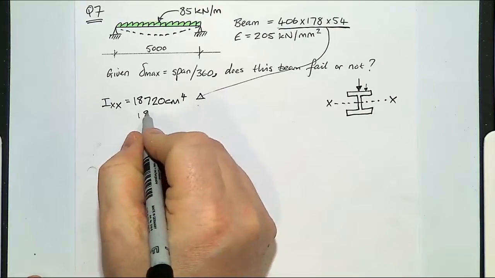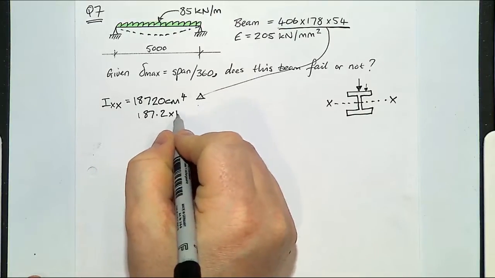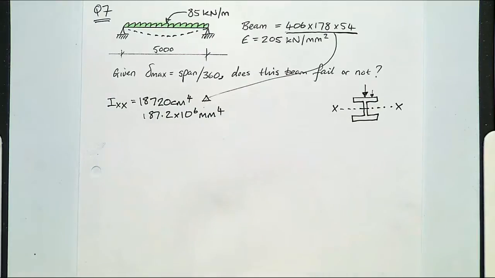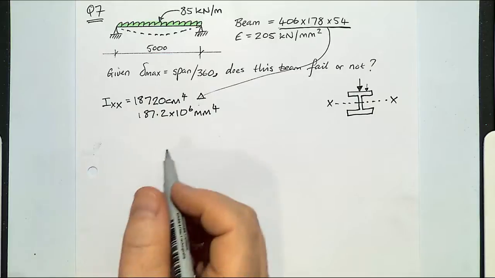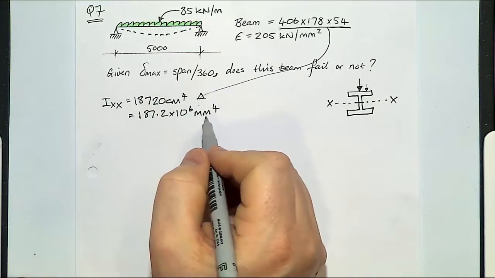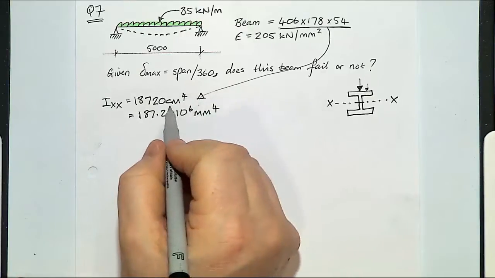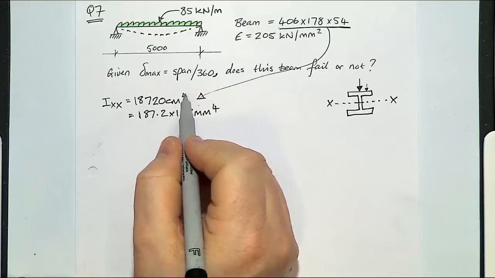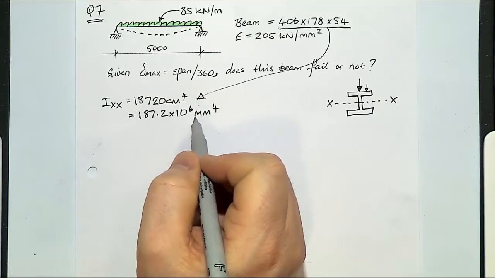So we'll put 187.2 times 10 to the 6 millimetres to the 4. Unfortunately, you've got to get around units quite quickly. You find that all of the tables that provide details regarding beams are all in centimetres to the 4, so you always have to convert them into millimetres.